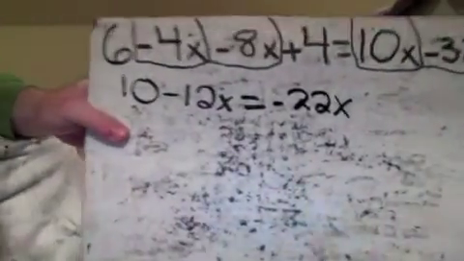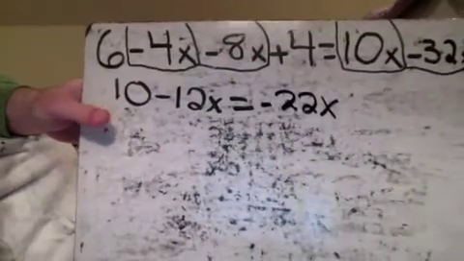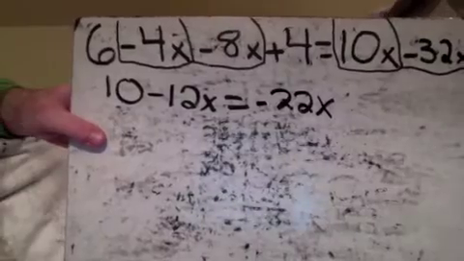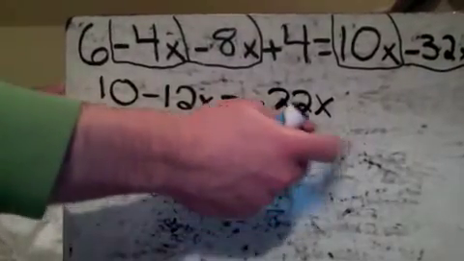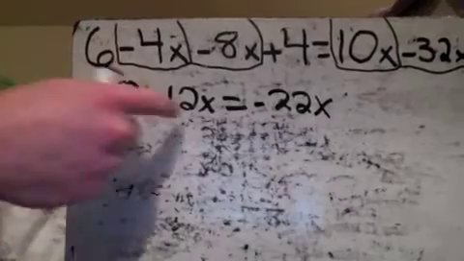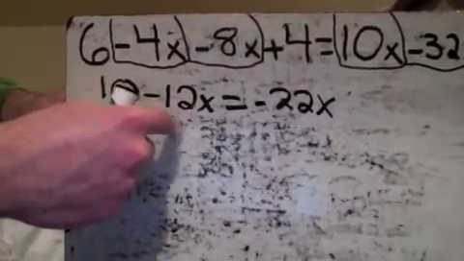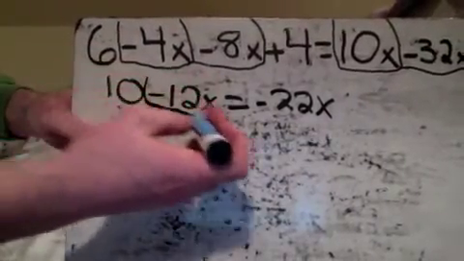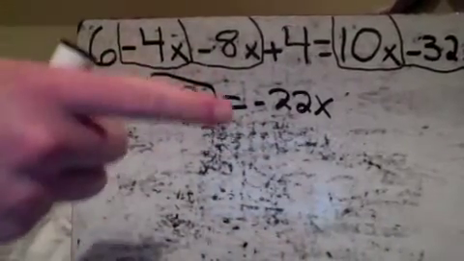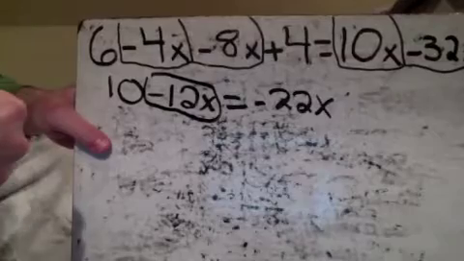Now, when I'm deciding which side I want the x's to be on ultimately, my easiest move is to put them on this side, because that's all I have over on that side, so I might as well put them all over there. That means I need to get rid of this minus 12x on this side so I can have all the x's on the other side and just the numbers on this side.